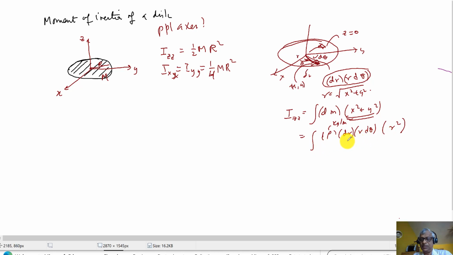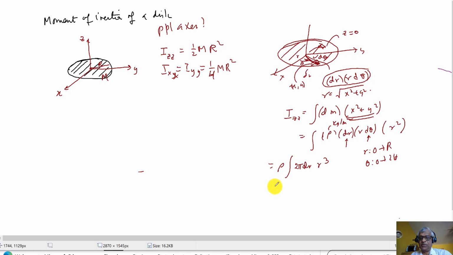Now there are two integrals, over r and d theta. So r goes from 0 to R, and theta goes from 0 to 2π to take into account all the mass. So that's going to be ρ, and nothing depends on d theta, so that gives 2π, and it depends on dr, just 1 r, giving r cubed.